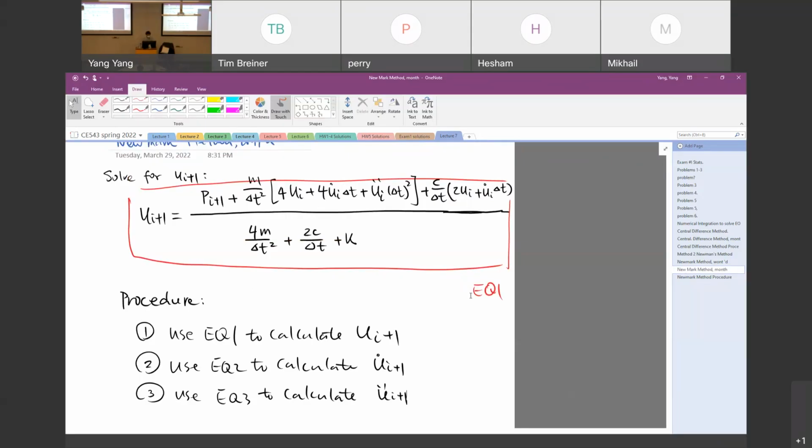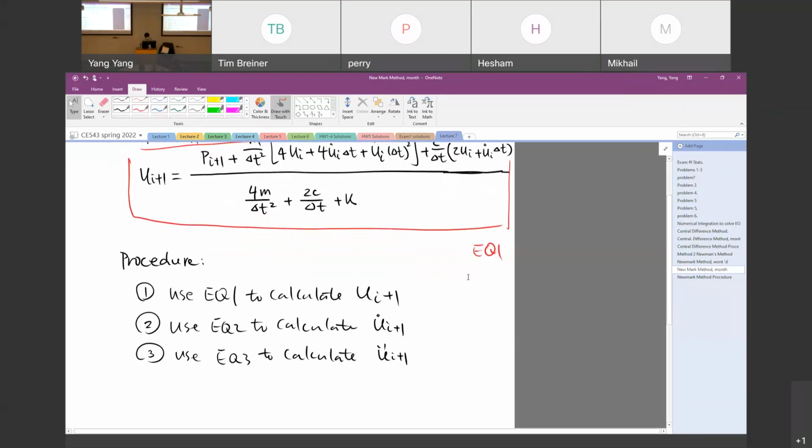Interestingly, here is the numerical method that is developed starting from the approximation of acceleration, right? But the procedure starts from the calculation of the displacement and goes down to the acceleration, right? So as long as we have the initial condition, we should be able to use this method to calculate the response at any given time.